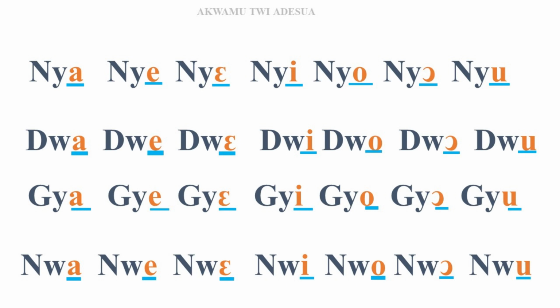Then when we add the vowel sound e, which is the I, to the ny, we'll get nyi. Then when we introduce the vowel sound o to the ny, we'll get nyo. Then when we add the vowel sound u to the ny, we will get nyu.